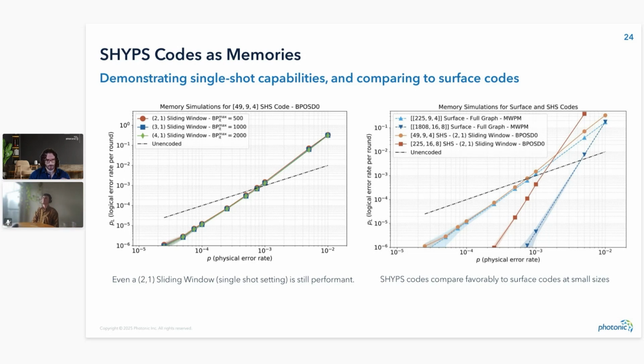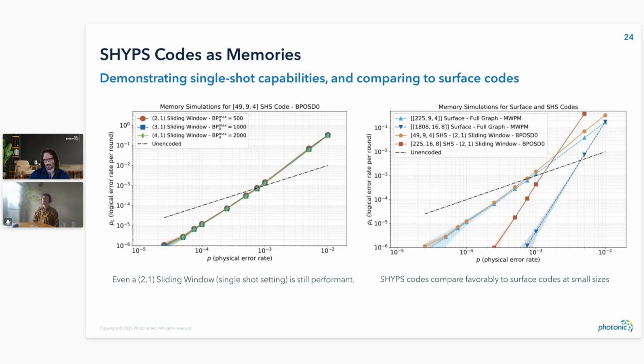In addition, you can go to bigger code sizes and again use 2-1 sliding windows, and you see that there's no drop off in performance, or at least very minimal drop off in performance, from doing decoding over the full graph. And then we can also compare against surface codes at comparable sizes.